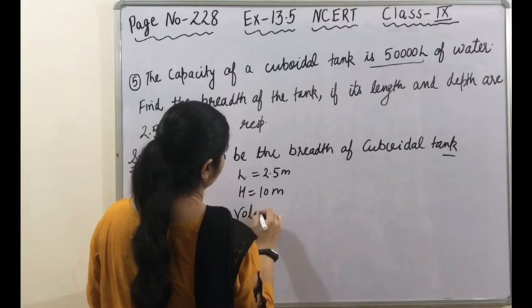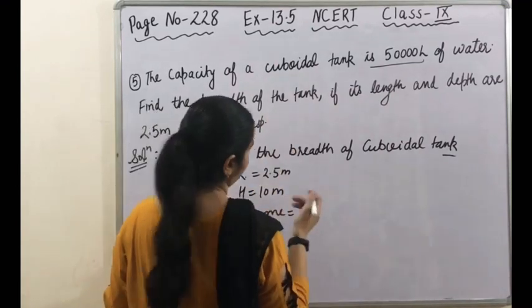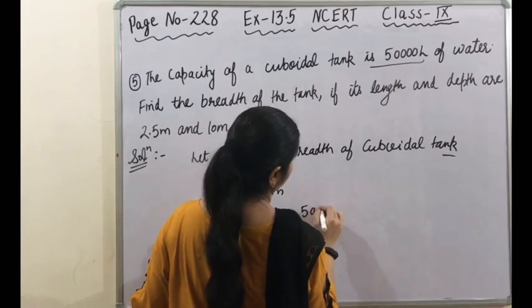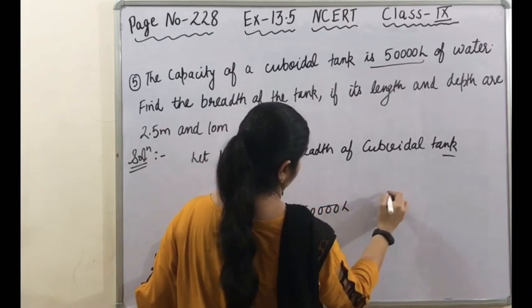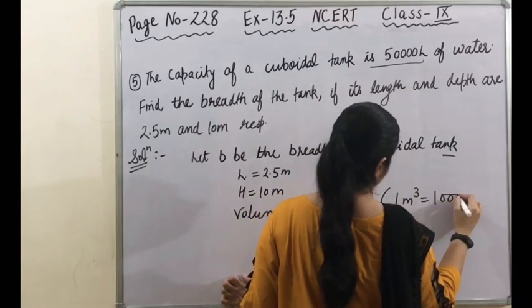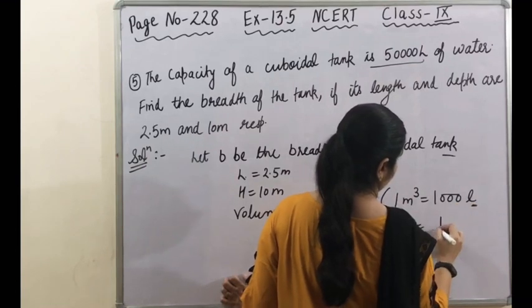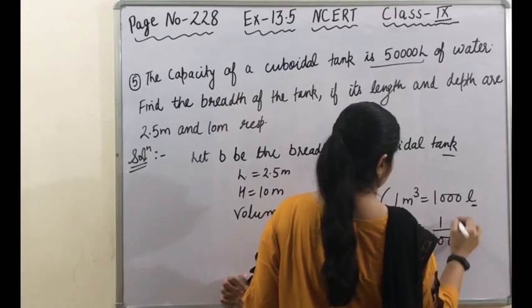Capacity or volume both are same. For liquid we are using capacity, which is 50,000 liter, and we know 1 meter cube is equal to 1000 liter. So 1 liter is equal to 1 upon 1000 meter cube.